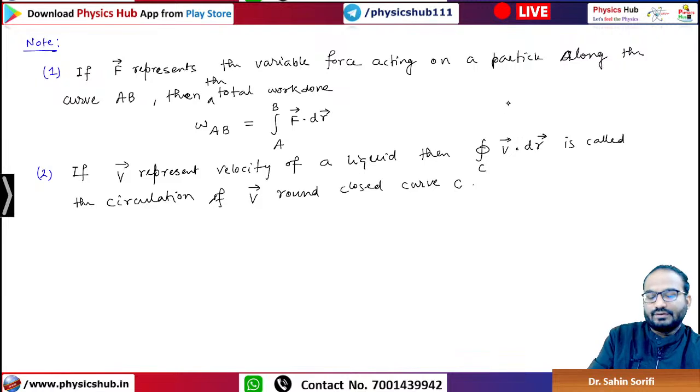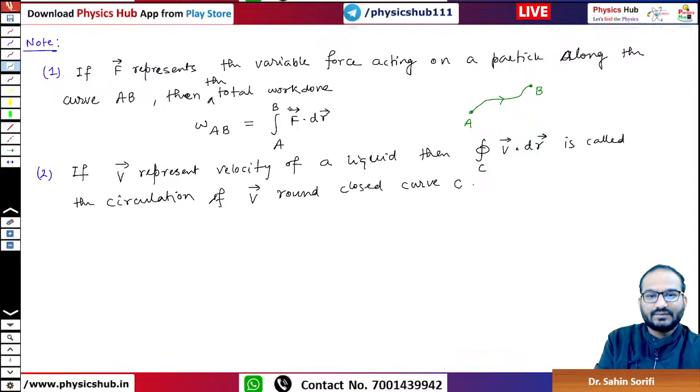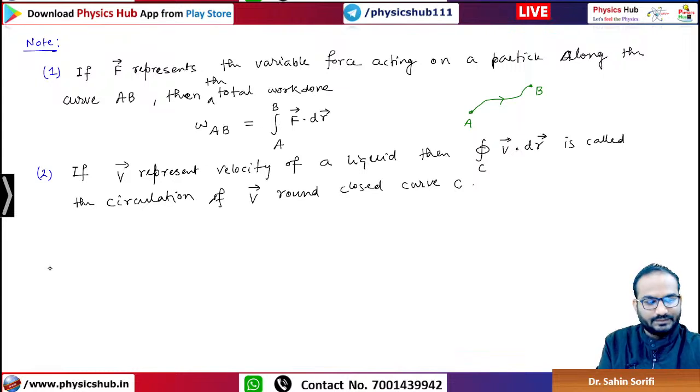Now look, two things are possible. One thing is when you are going from A to B, this is one way, right? Now when you are completing a path, if you are closing the path, coming back, so you are making a closed loop, then instead of a normal integration, we will write a circle on the integral sign.